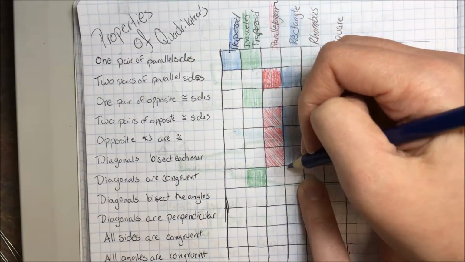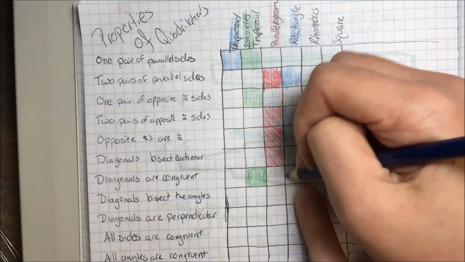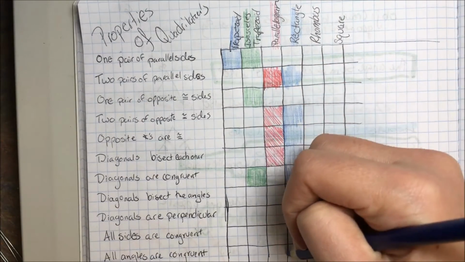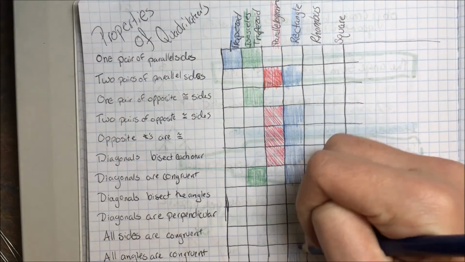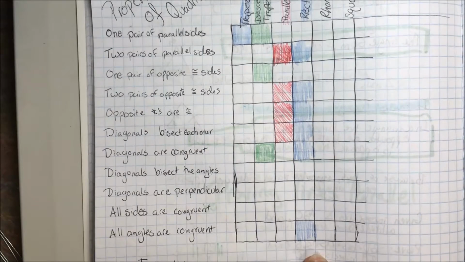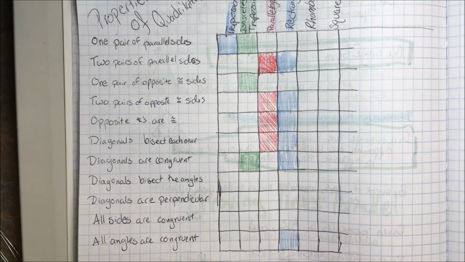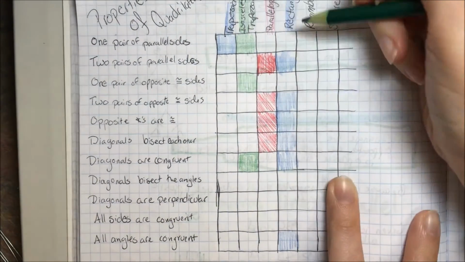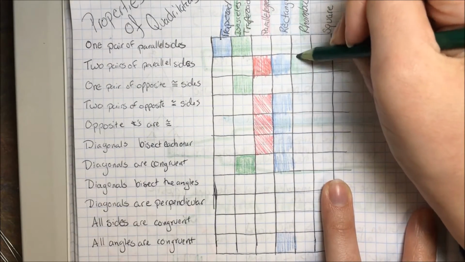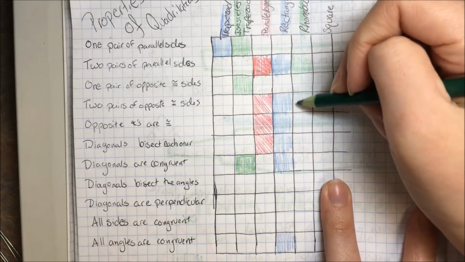Okay. In a rectangle, the diagonals are congruent and all angles are congruent. Okay. In a rhombus, that is all the properties of a parallelogram and then some.